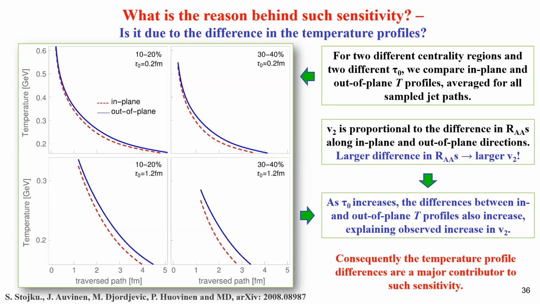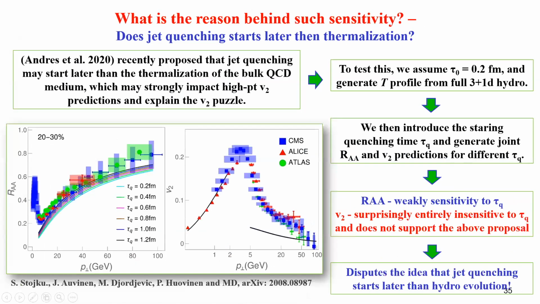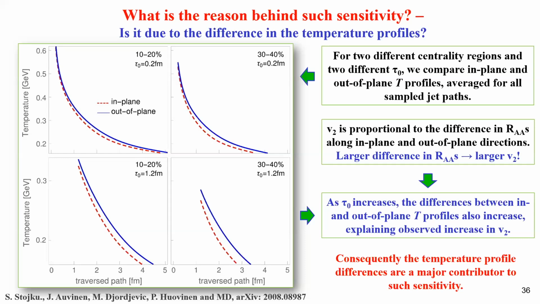It was recently posted on the web, I think in January or February, and in that paper we make a clear explanation of why this happens and why v2 is independent of the different quenching times. It is not easy to understand intuitively, but it is really there. Analytically it can be understood, but it takes several lines of derivation.